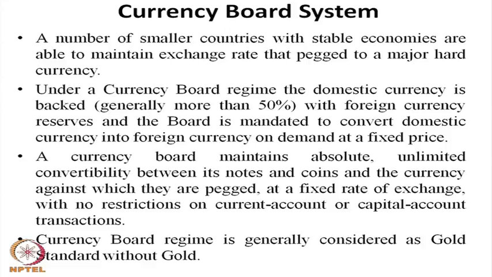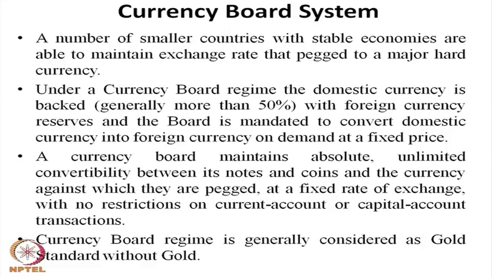A currency board maintains absolute unlimited convertibility between its notes and coins and the currency against which they are pegged at a fixed rate of exchange, with no restriction on current account or capital account transactions. It means there is absolute unlimited convertibility of domestic currency into foreign currency, at a rate fixed by the currency board.